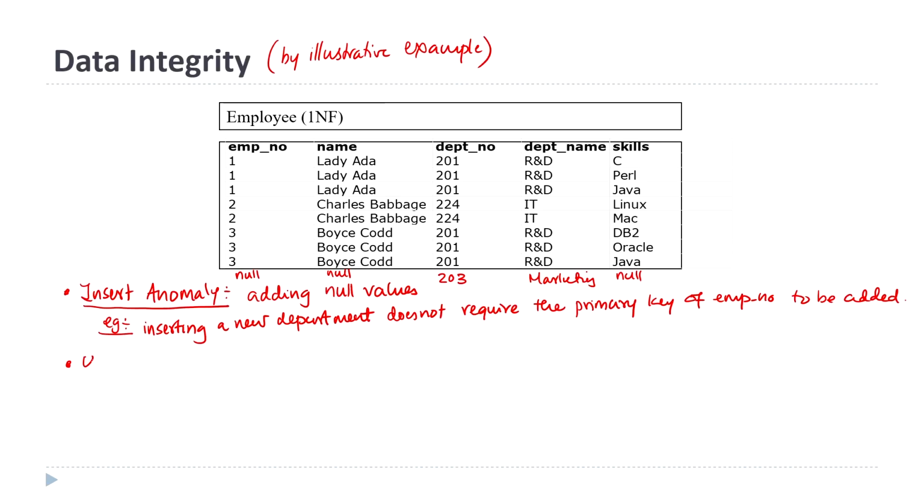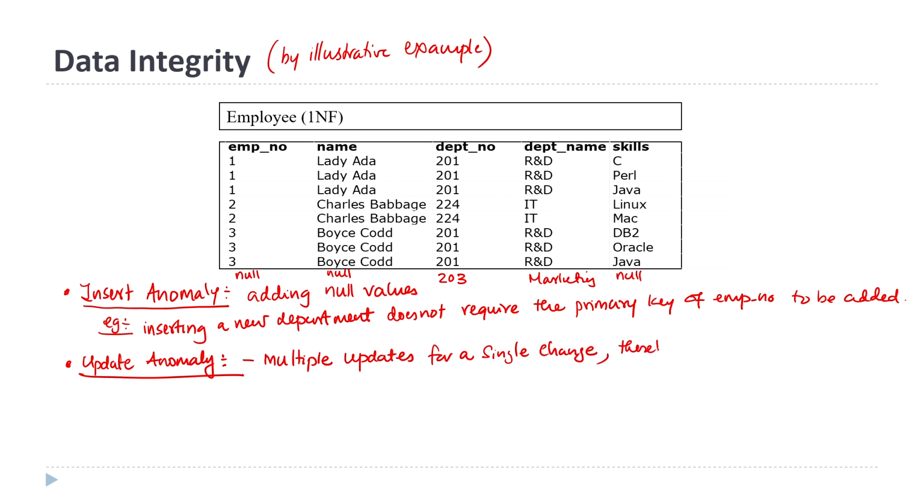Now, let us talk about the update anomaly. What is an update anomaly? That is multiple updates for a single change, thereby causing performance degradation.